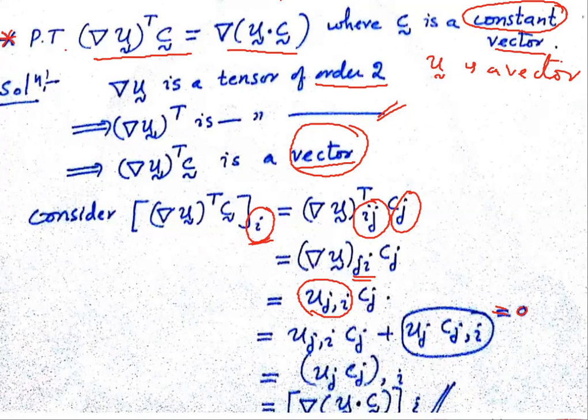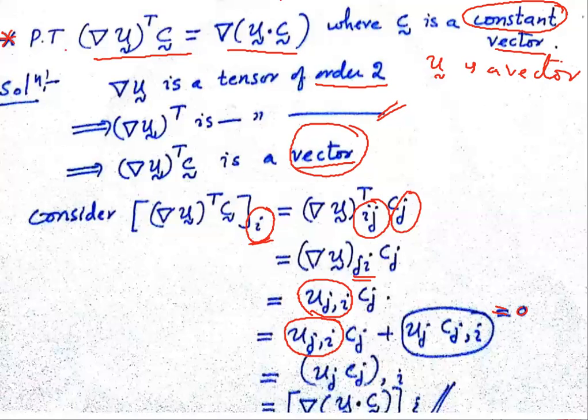Now when we add this, what is going to happen? Now just watch. Differentiation of uj with respect to xi, cj as it is, plus, look at the second term, uj as it is, differentiation of cj with respect to xi, right?